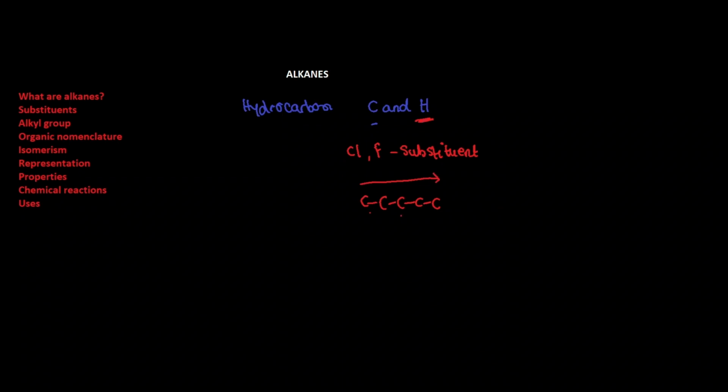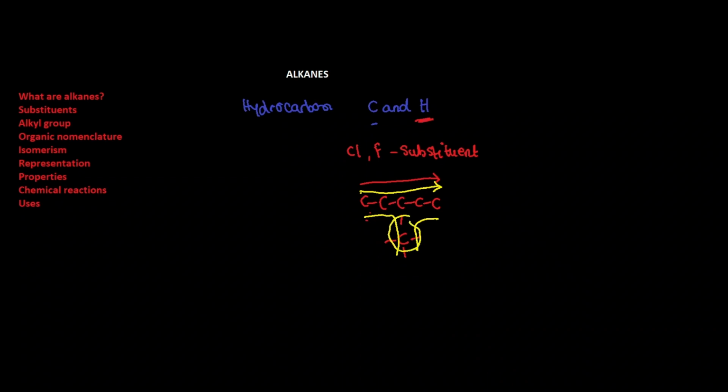If we have a branch with another carbon like this, and we go from here to here, we would have 4 carbon atoms, and this is not the longest. If we go from here to here, we would also have 4, but going directly straight would have 5. So this is the longest chain.